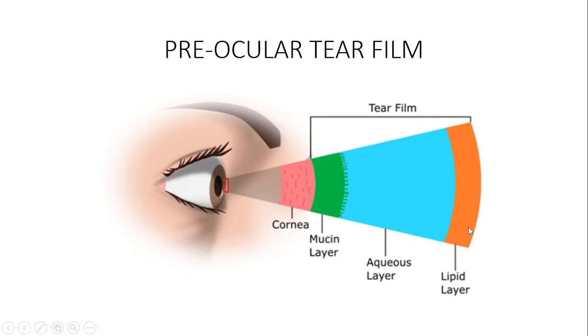So, outer lipid layer, middle aqueous layer, and inner mucin layer. The mucin layer is in direct contact with the cornea and the conjunctiva, whilst the lipid layer communicates straightforward with the atmosphere and, when we blink, with the palpebral conjunctiva.